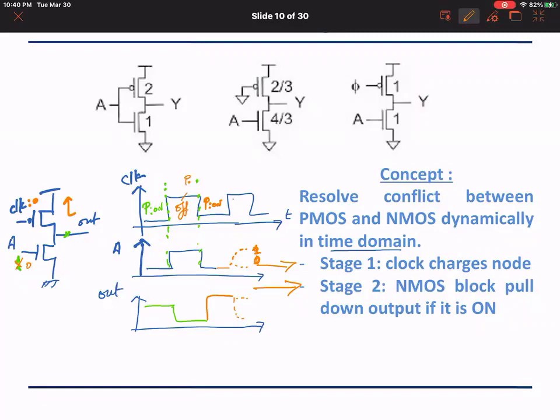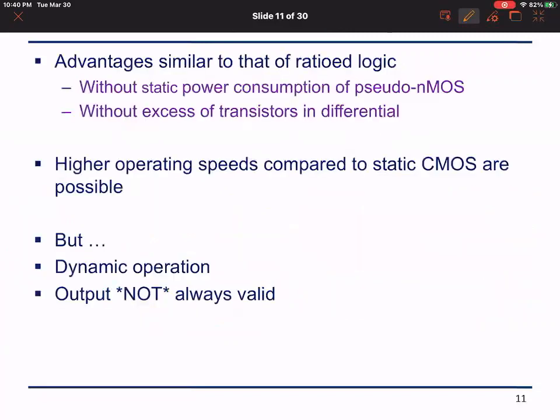Now what's happening here is that if we are evaluating, then at every clock cycle we are really charging the output node, or charging the capacitor. So the weaknesses or disadvantages of the domino dynamic logic is that it incurs dynamic operation or dynamic power.